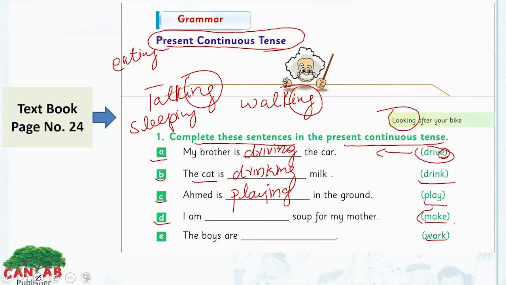The make here, we will remove the E from it and add ing to it. I am making soup for my mother. E, the boys are what? Yes, working.